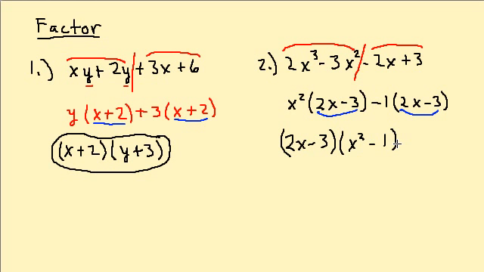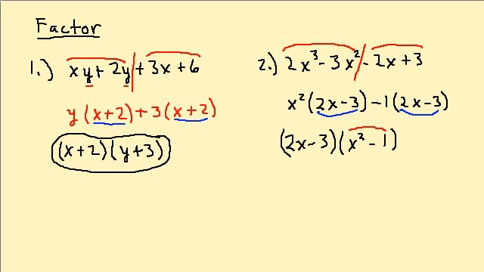Okay, but I'm not finished factoring, because I look at the x squared minus 1, and I notice that's the difference of two squares. And I have another video where we factor the difference of two squares. You can go and watch that one.